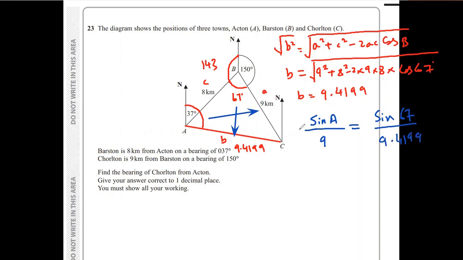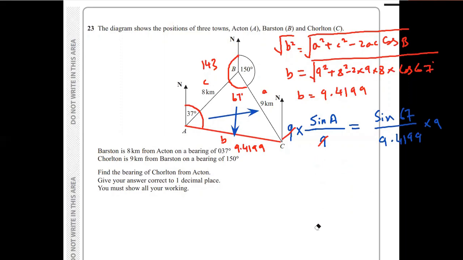And then to work out the value of sine A, first of all, we have to get rid of this 9. So we multiply both sides by 9. By doing so, we can cancel out the 9 from this side, and then sine A is equal to this thing. But we have to work out the value of A, not sine A.